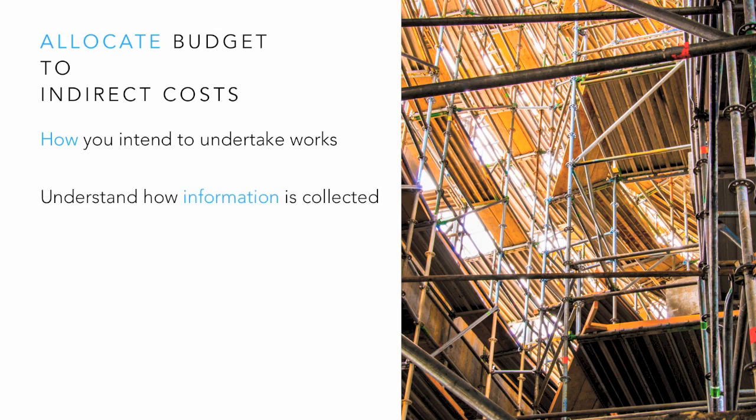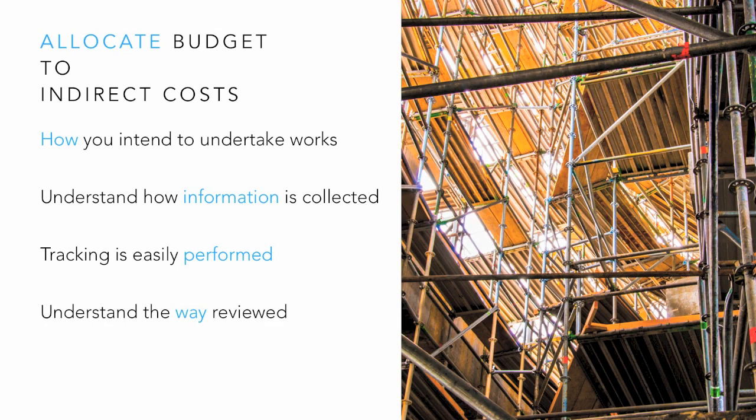Understand how information is to be collected and ensure the budgets are set up in this manner originally, so progress can be compared against. Ensure the system and tracking is easily performed and not too time-consuming for project personnel. Understand the way in which you review the progress and how this is to be reported to either management or the client.